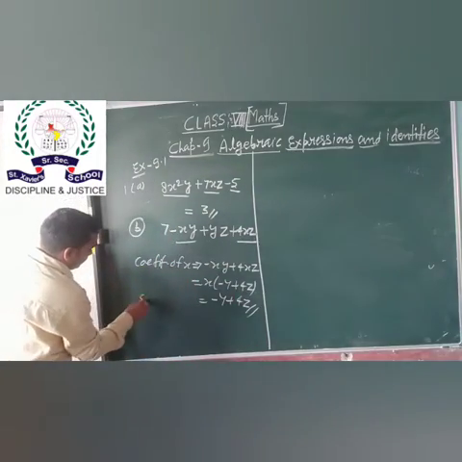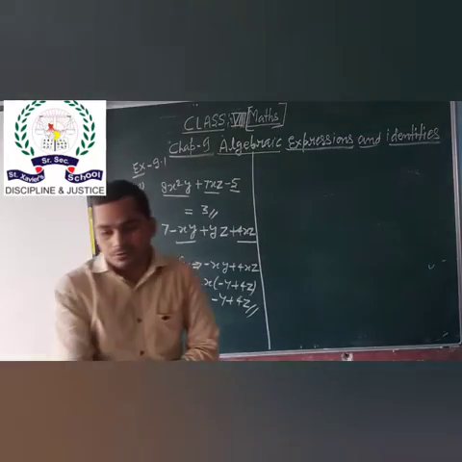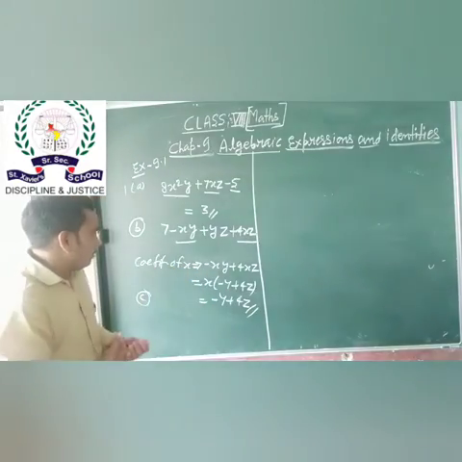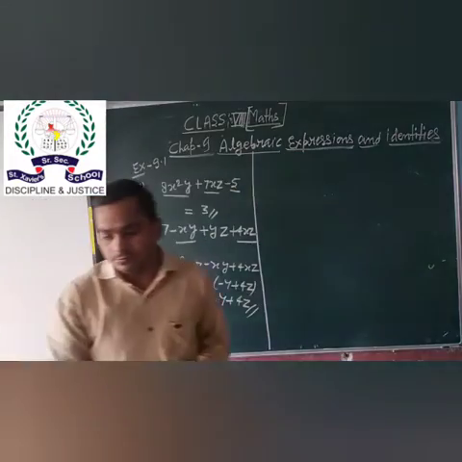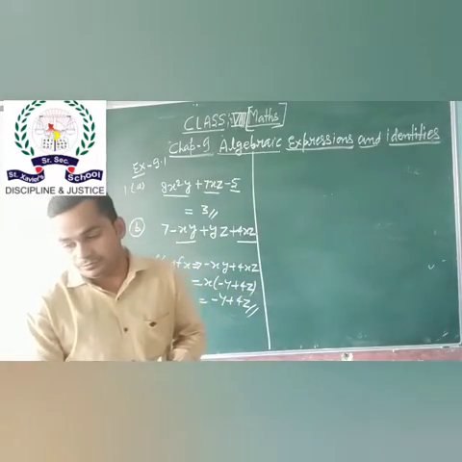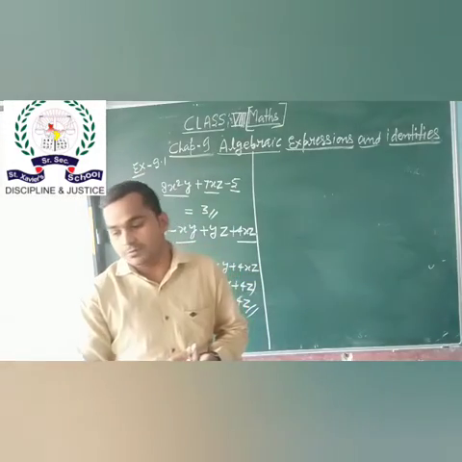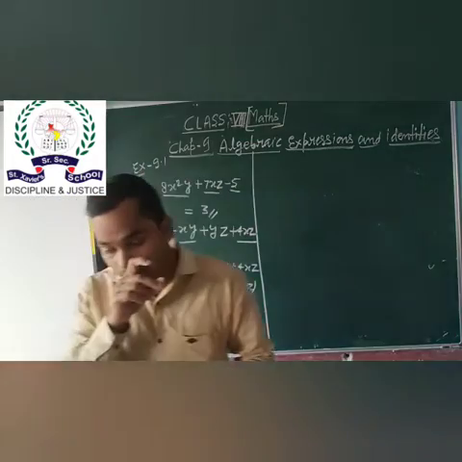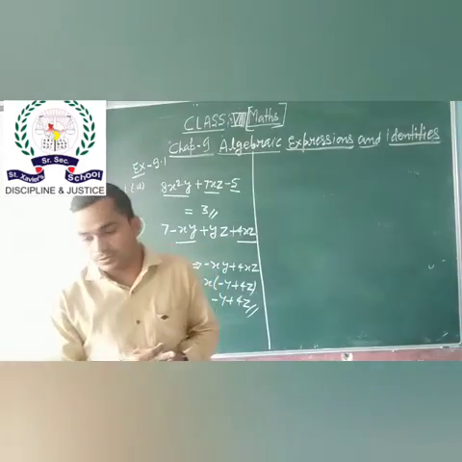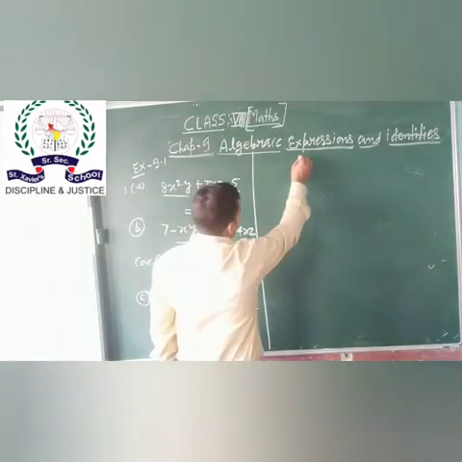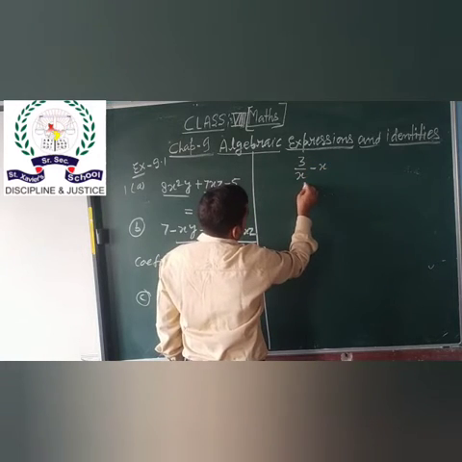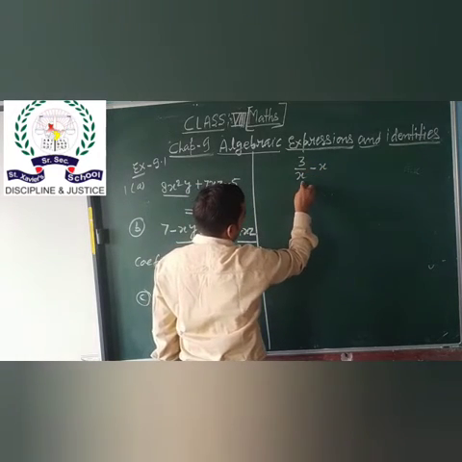Next, C part. Which of the following expressions is not a polynomial? We already discussed polynomials. When the power is negative or in fractional power, it is not a polynomial. So the third option, 3 upon x minus x, is not a polynomial, because x has a negative power as it is in the denominator.